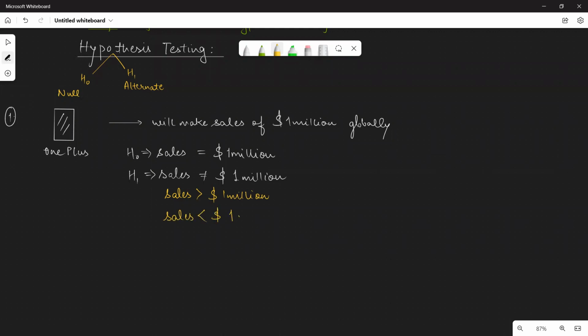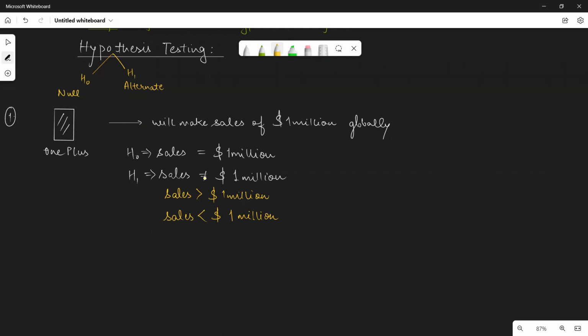Sales can be less than $1 million also. Is this idea getting clear? When sales is not equal to 1 million, that means sales can be more than 1 million or it can be less than 1 million.